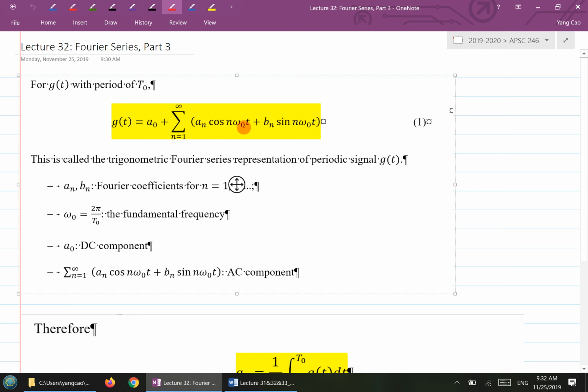Each term has a frequency which is a multiple of omega naught. Omega naught, we sometimes call the fundamental harmonic frequency. The other terms we call harmonics of this one.